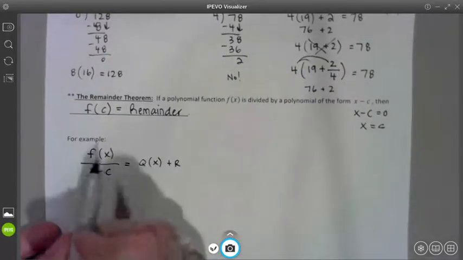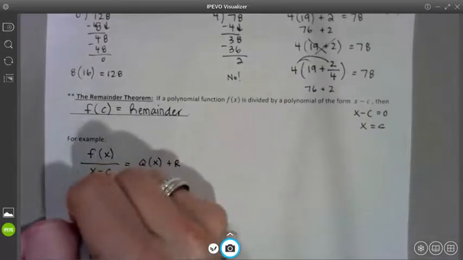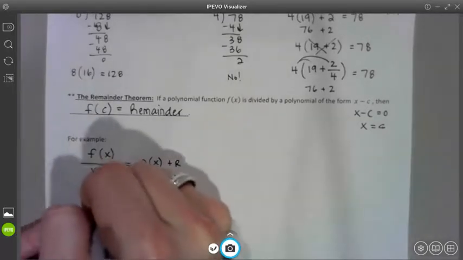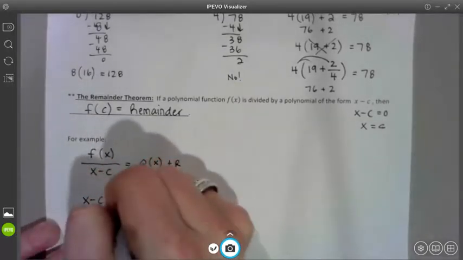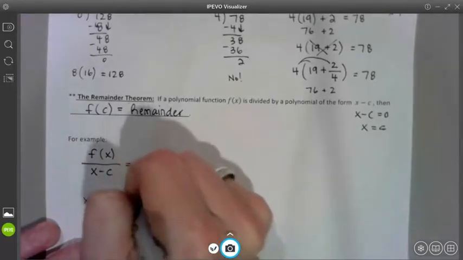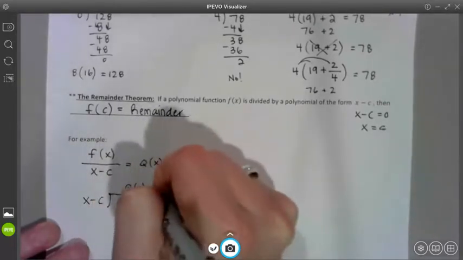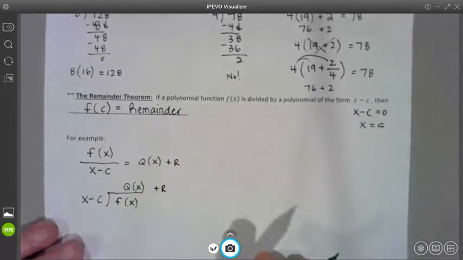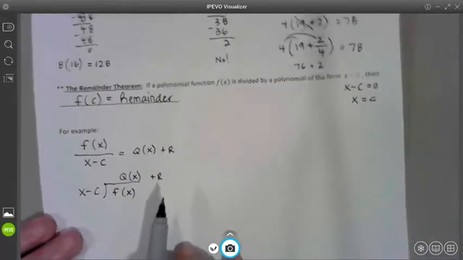All right, so if f of x is divided by x minus c, then how many times can x minus c go into f of x? That's what we're doing. And we're going to get some quotient polynomial as our answer, and then probably plus some remainder if there was a remainder. Okay, well, let's put this back together.